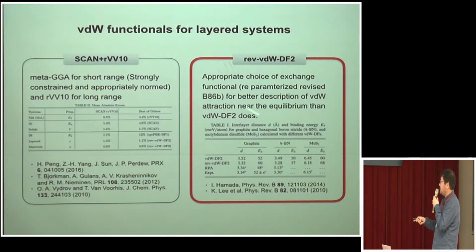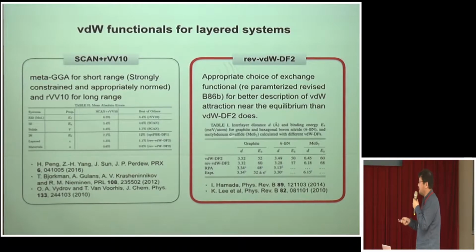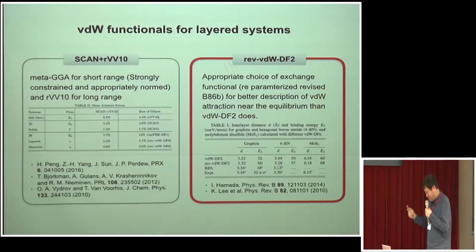The other is where we modify the Rutgers-Chalmers van der Waals functional form and reparameterize the revised B86b functional. This is a little bit technical, but part of this van der Waals functional is already implemented in the available code, but there's no functional for the spin-orbit coupled case. So we developed this and implemented it in the available code.